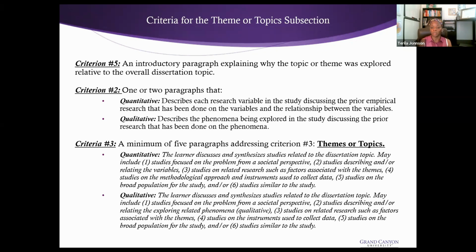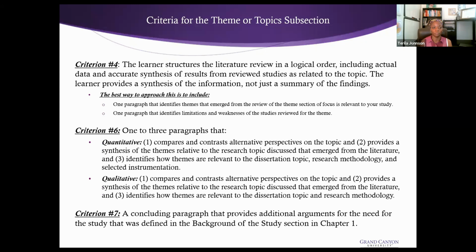So this is the quantitative folks. And then 5, studies on the broad population of the study. And then here, I missed one, 6. You actually can get 6 paragraphs out there because you got to do studies similar. Maybe you can get these together, synthesize in some paragraphs. But again, this is a good approach to just get it down on paper, right? So that's criterion number 3.